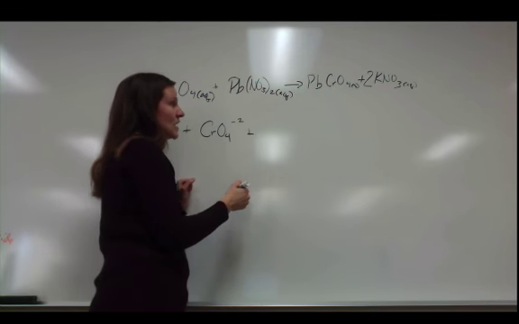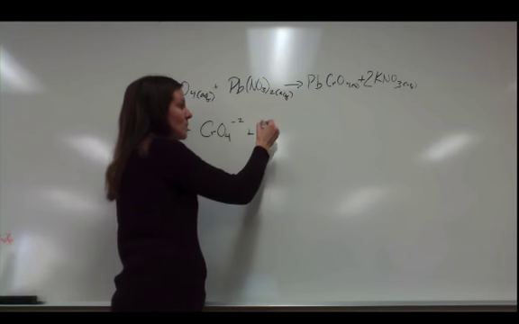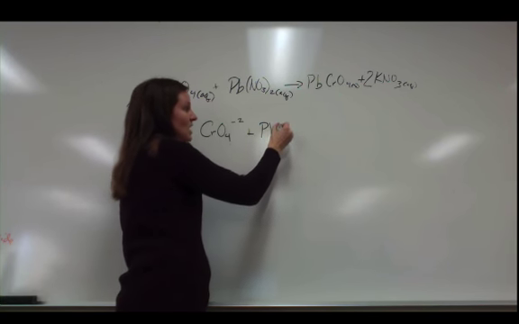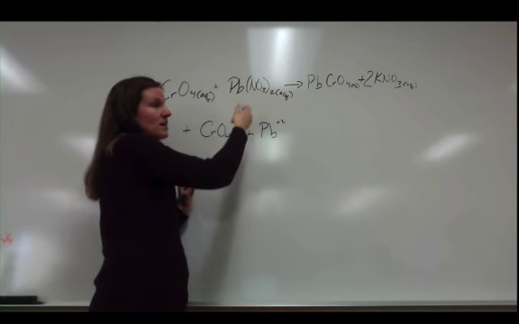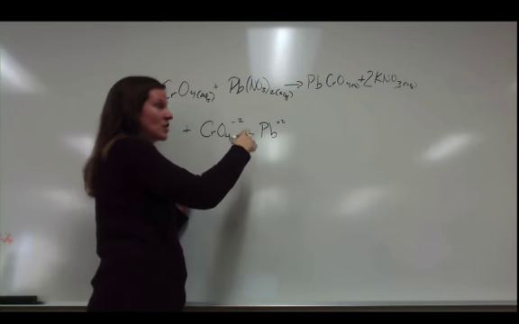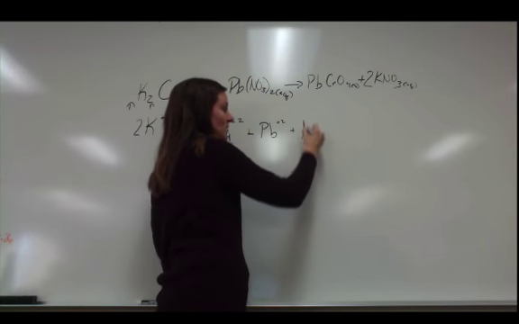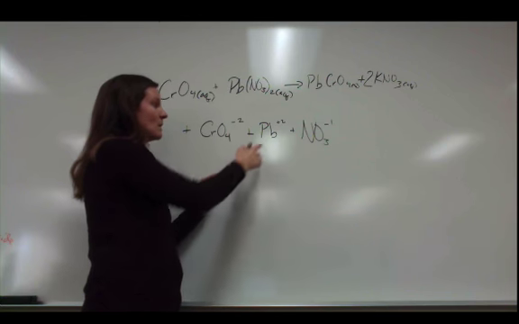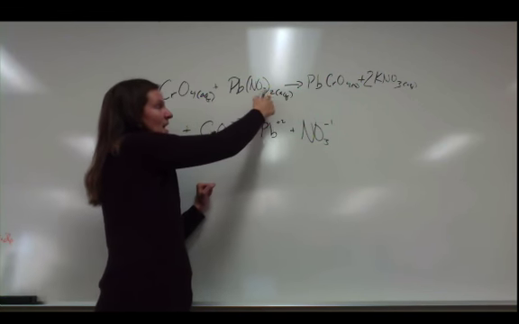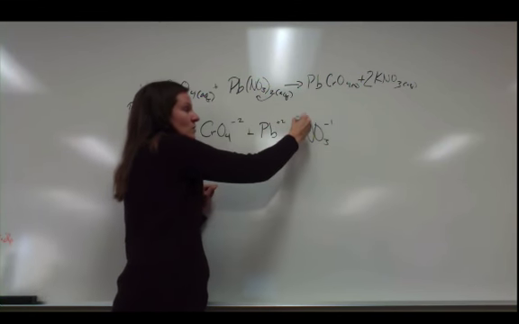Lead nitrate is also aqueous, so you have to break that up into its components. Lead has a charge of +2 based on the fact that this formula has no overall charge. And nitrate always has a charge of -1. In terms of how many there are, there's just 1 lead, and then this 2 tells me there's 2 nitrates.